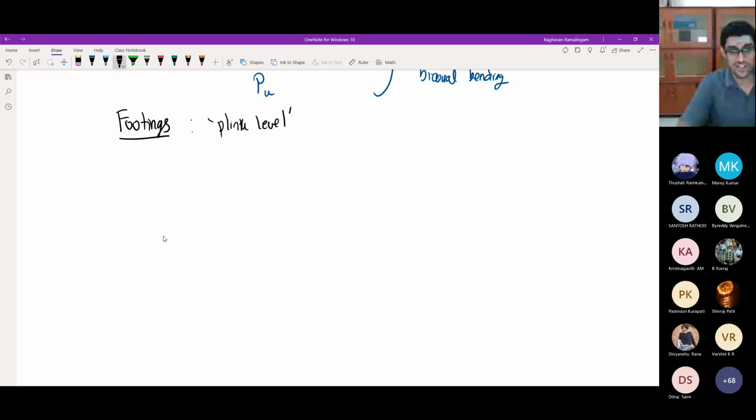In general, footings come under which type, shallow or deep? Usually they belong to shallow foundations. In fact, I can say it's always a shallow foundation. If it becomes a deep foundation, it becomes a pile, and we don't technically call that a footing. We call it just a pile.